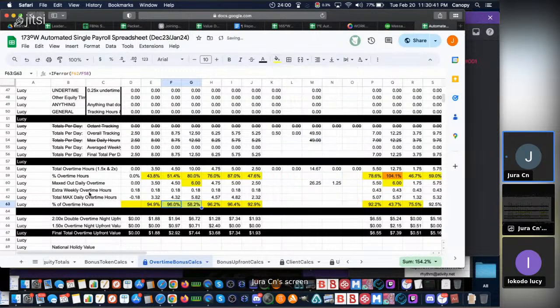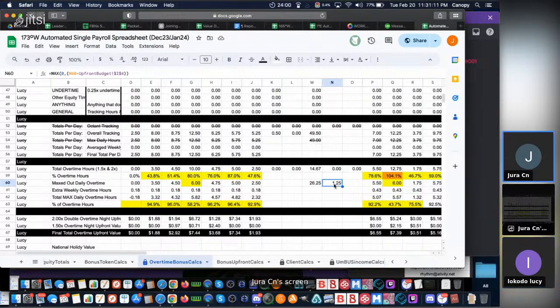So now this is the extra weekly overtime hours. So this, oh, I see what this is. So if you have a certain number of hours that you're budgeted per week, okay? Yeah. So if you go to your upfront budget, I believe, it says 25 hours per week. Is that correct? Yes.